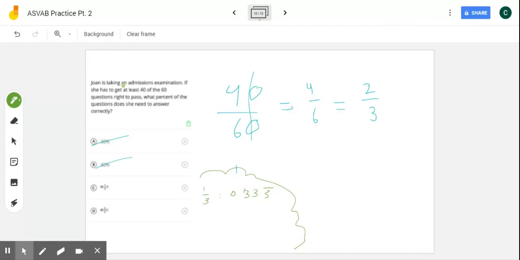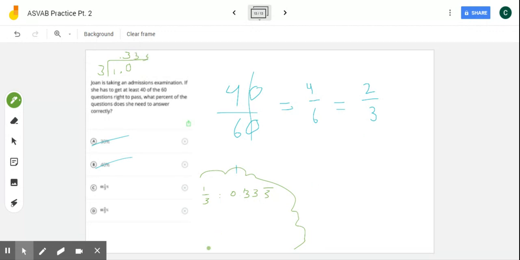You could do that in division, 3 going into 1 divided by 3, which is all that fraction is saying. You'd have to add a decimal and add a 0, and 3 goes into 10 3 times. And if we kept doing that, we would get 3, 3, 3, and so on.